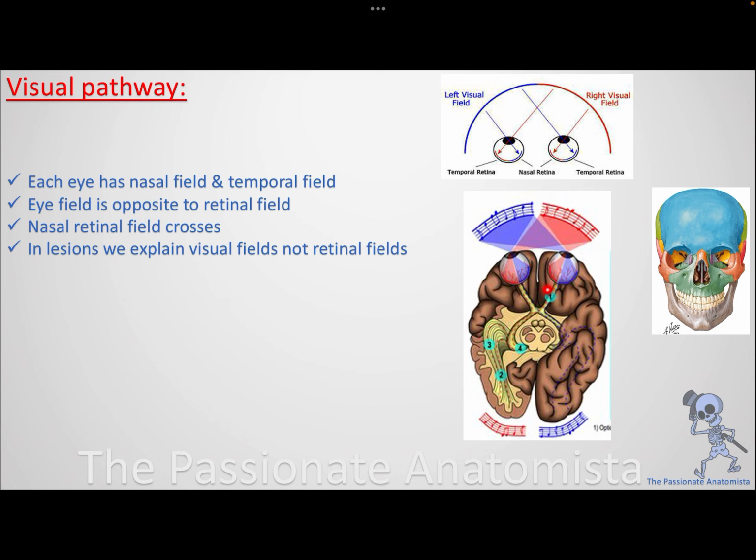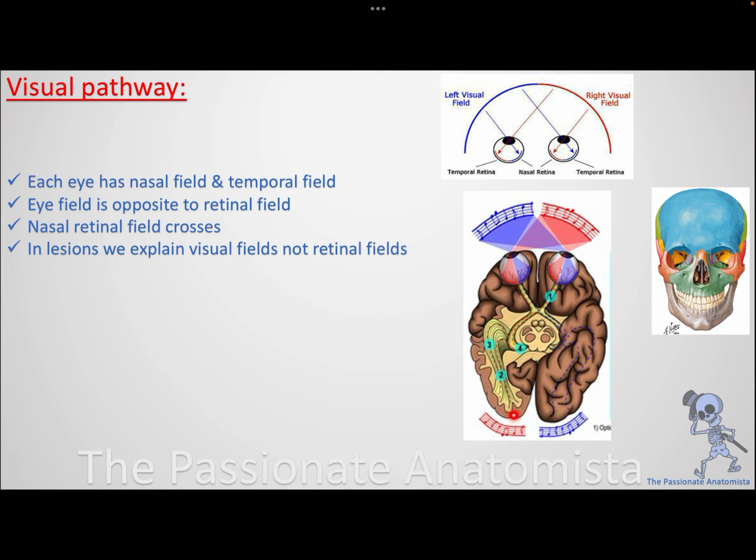We might have a lesion in the optic nerve, the optic chiasma, the optic tract, or the optic radiation, whether the inferior radiation in the temporal loop or the superior radiation in the parietal loop, or at the cerebral cortex itself.